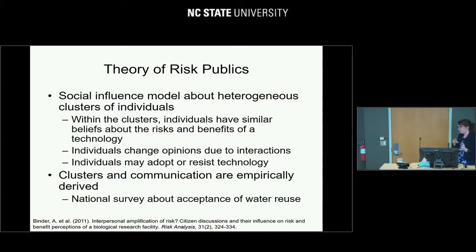So this theory goes beyond the diffusion of innovation theory, because we're giving more heterogeneity to the population. They can have different initial starting points for their perceptions of both risks and benefits. So it's taking into account more characteristics of the technology.